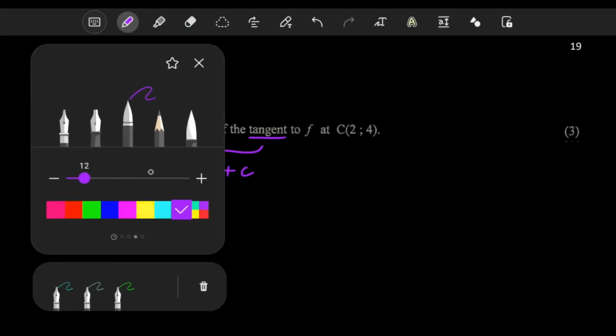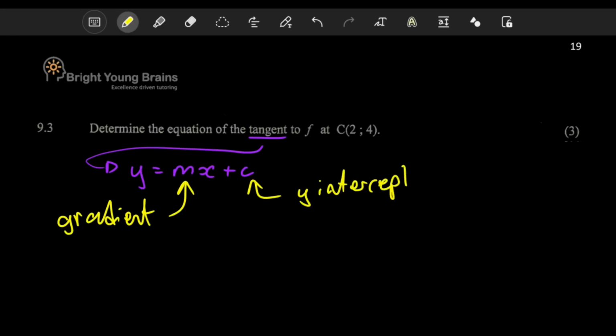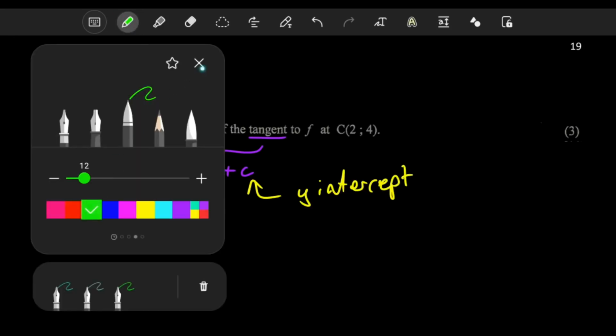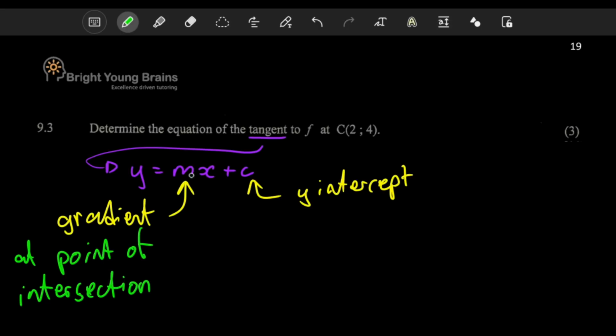So if you're going to get an equation of a tangent, just remember you need two things: the gradient and the y-intercept. Your gradient is always the gradient at the point of intersection. That's what m is.